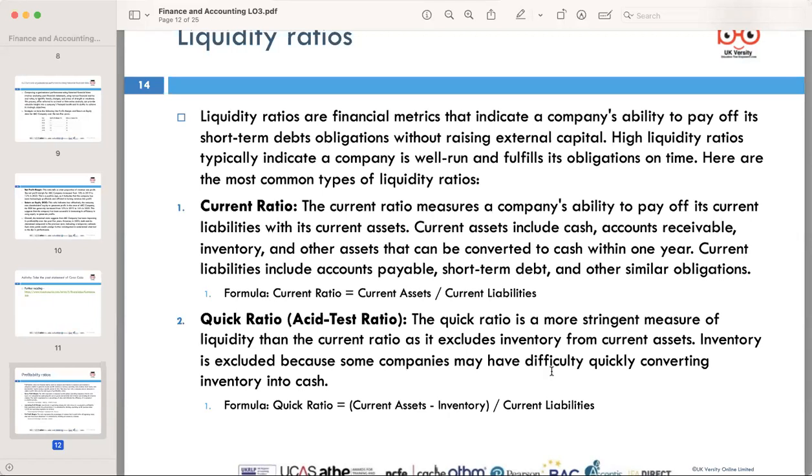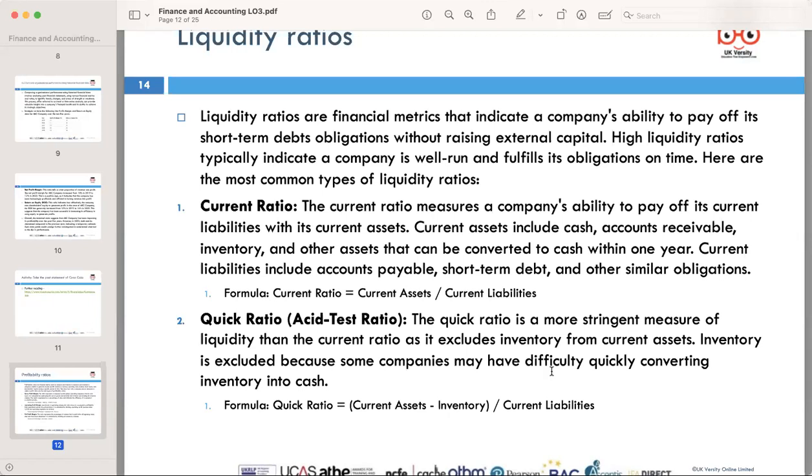So as we said, liquidity ratios are financial measures that tell us how well a company can pay its short-term debts without needing to borrow money. So the first one is the current ratio. The current ratio helps us assess a company's ability to settle its current debts using its current assets.